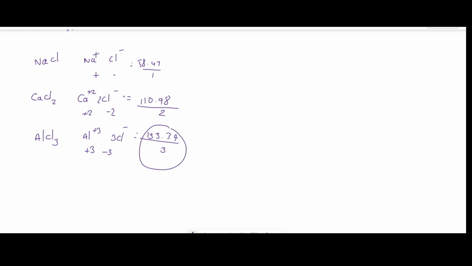So when you see a reaction like Na2CO3 + 2HCl gives rise to 2NaCl + H2O + CO2, you need to calculate the sodium carbonate equivalent mass here.